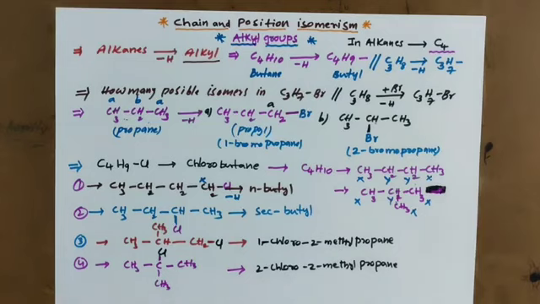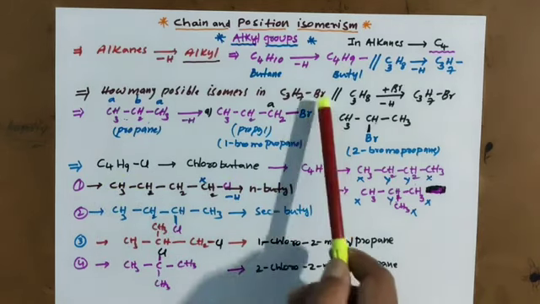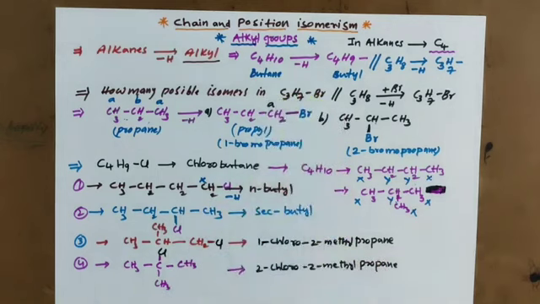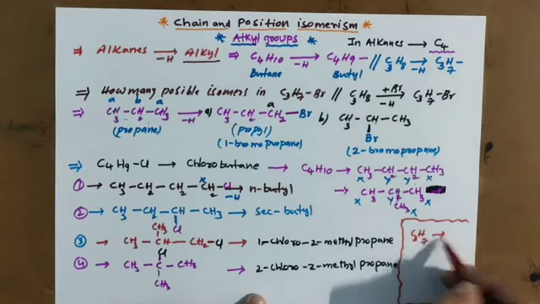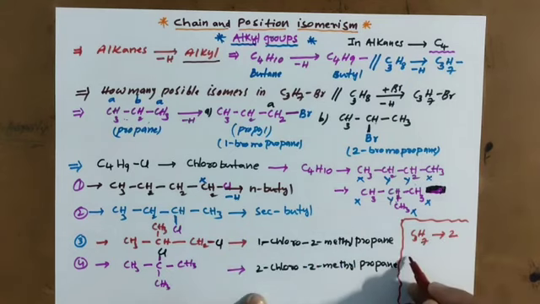So totally in chlorobutane we have 4 isomers now. In bromopropane we have 2. So we concluded that now every time no need to write. Propyl group is there, whether chloro, bromo, alcohol, whatever it may be, how many isomers you are getting? 2.